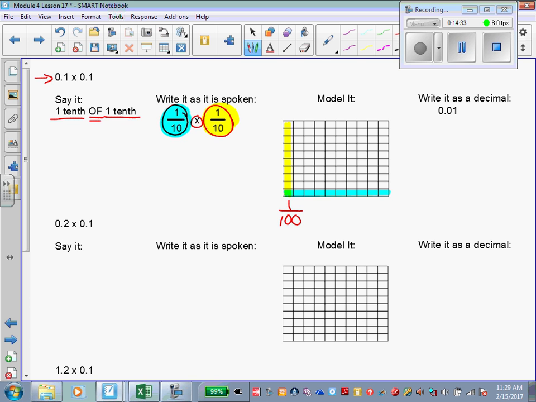And how could I say this fraction? 1/100. And if you put a 1 in the hundredths column on your template, you would see that it is written as 0.01. Okay, does everybody see that?